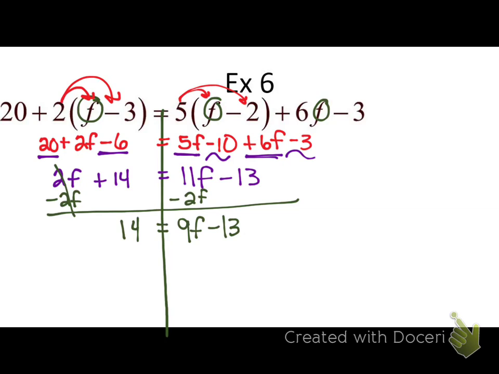You add 13, and that's 27. Then you divide, and that will give you 3. So I'm going to write f equals 3.